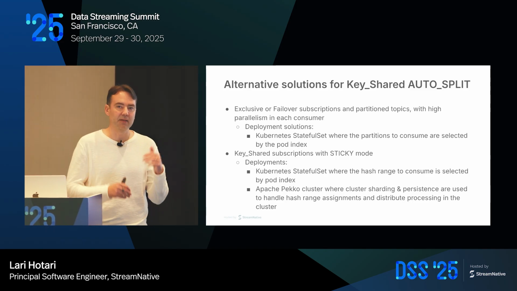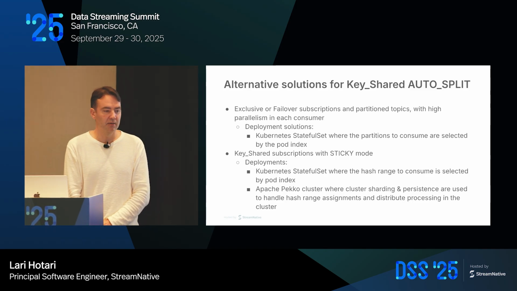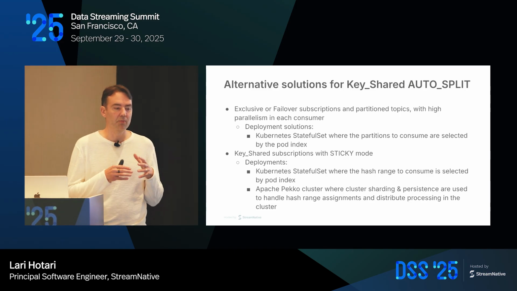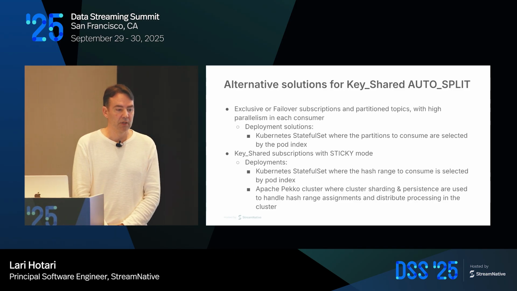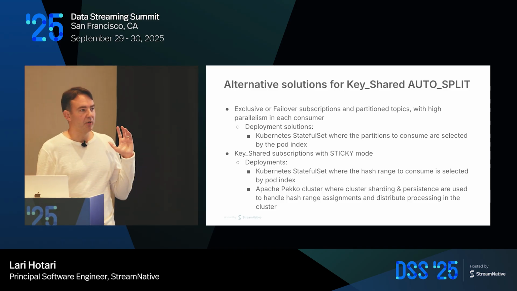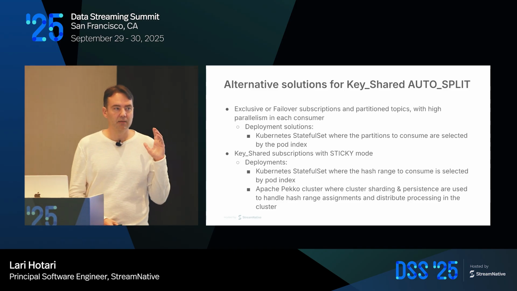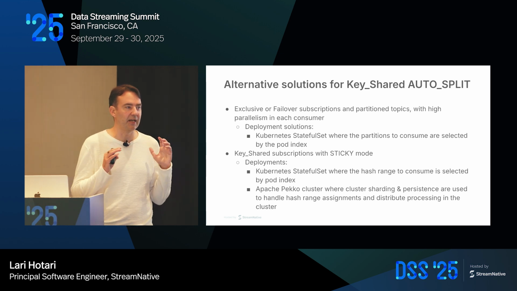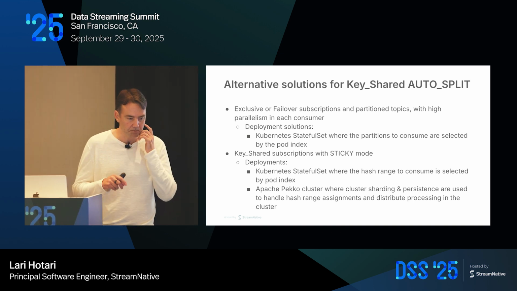And it could calculate these directly based on the pod index. And a similar solution also works for sticky mode, where the hash range is calculated based on that. And then there are also other options where you could have an actor framework handle all this stuff, but the downside of that is that it gets very complex.